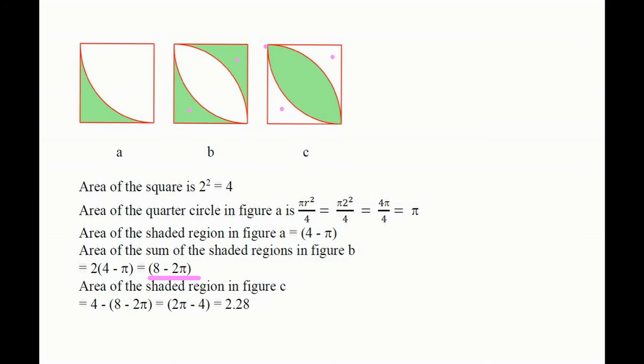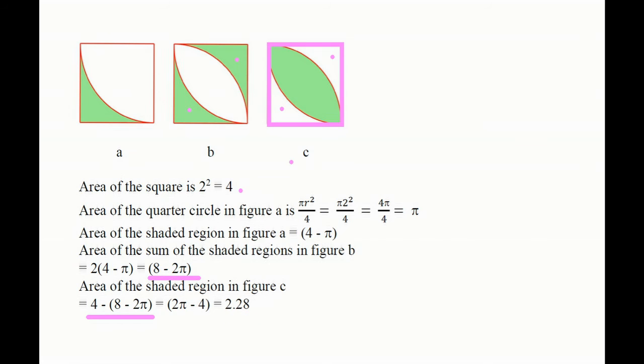And if I take the area of the square, which I know is 4, and subtract 8 minus 2 pi from here and here, with a little bit of algebra, I can write 2 pi minus 4, which gives me 2.28.